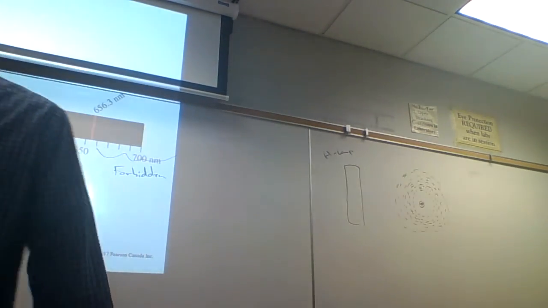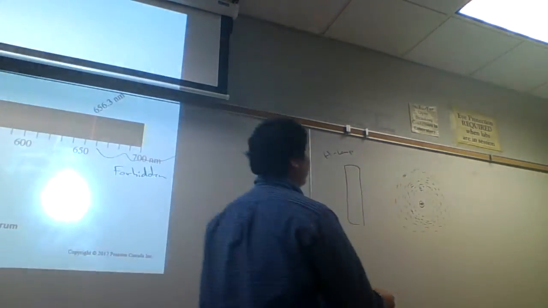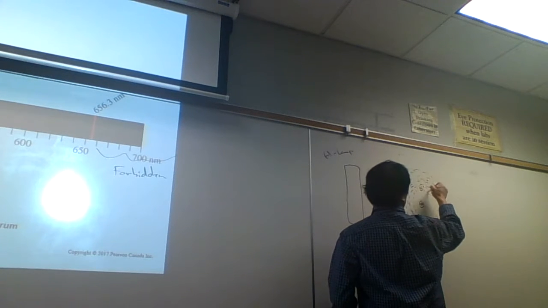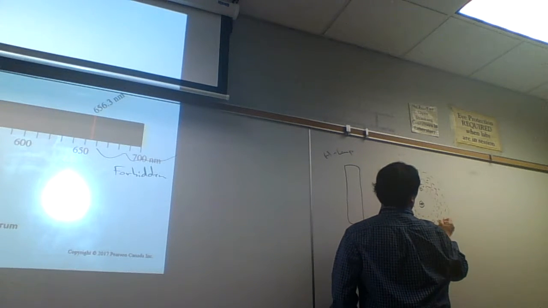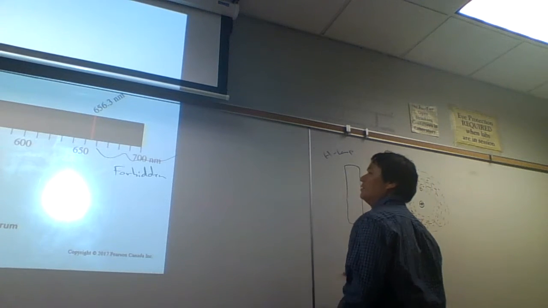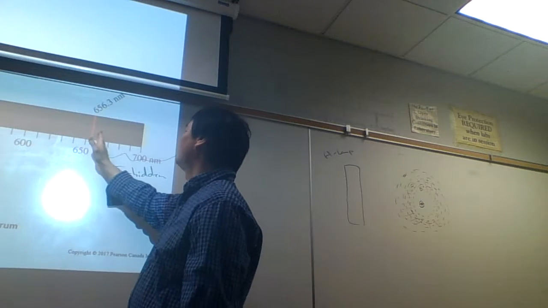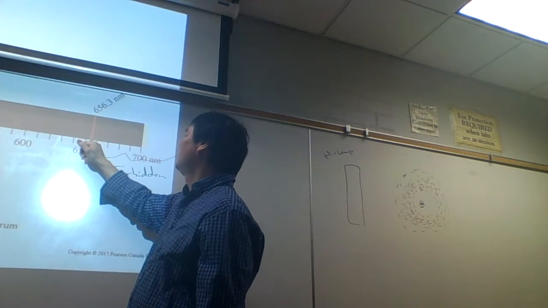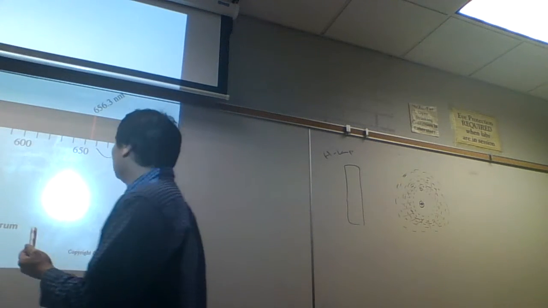That means the electron is not allowed to have these energies here. These are all forbidden. And then once I get to 656.3 nanometers, the electron is allowed.